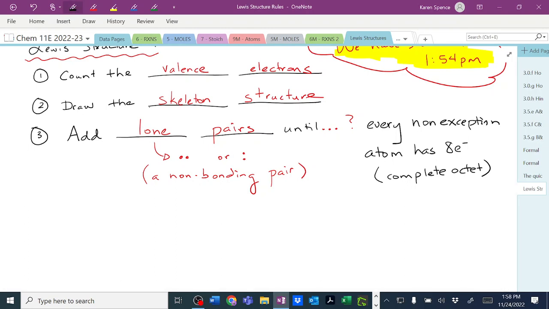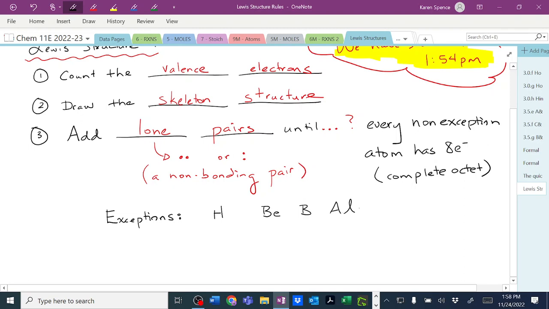Who are our exceptions? Hydrogen, beryllium, boron, and also period 3 and lower.